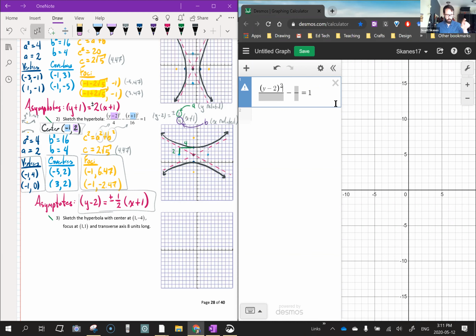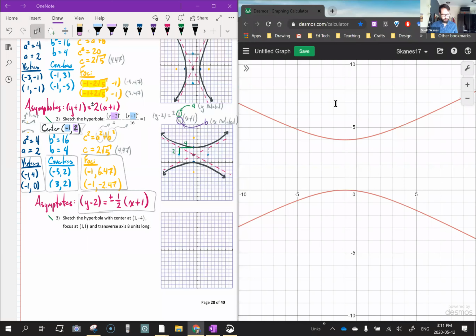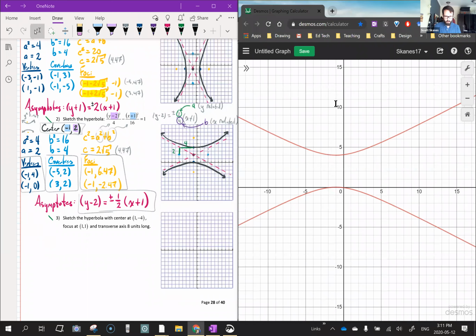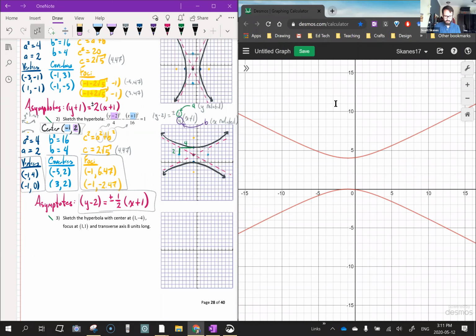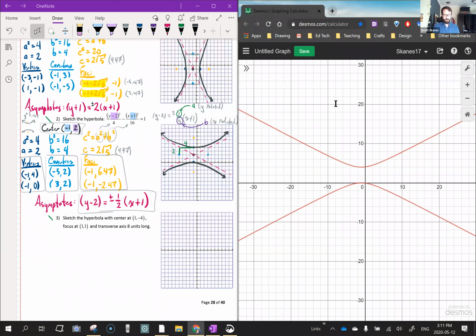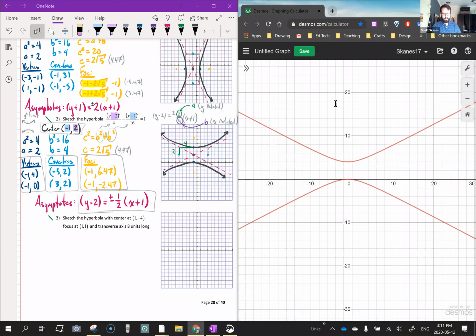I'm expecting to get a Y curve, and I'm expecting the asymptotes to be correct. So this is this guy. Okay, it looks pretty good so far. That's almost identical. If I make it small enough, it's pretty much what I wrote. So that looks good so far.